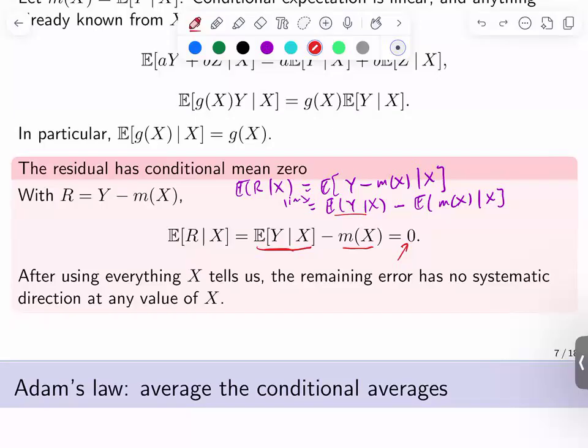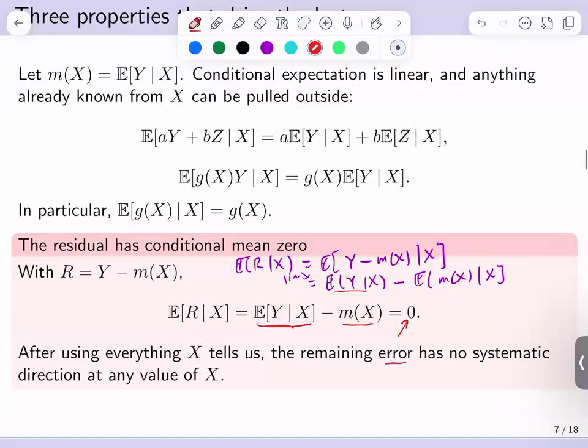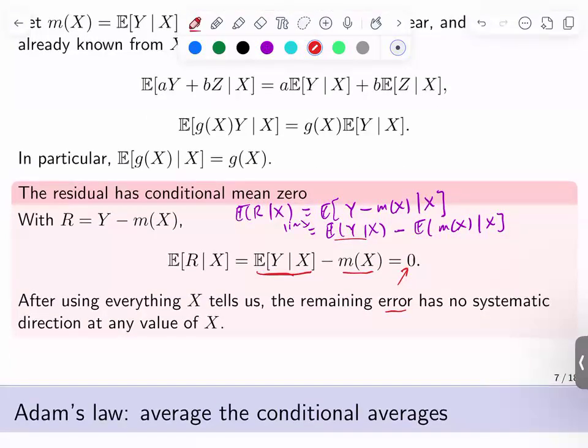Because of this property, there's nothing left to predict in the residual based on x. So after using everything x tells us, the remaining error has no systematic direction at any value of x. So there's no way to predict this using x. So this follows from the properties. I'll talk about prediction hopefully shortly. But this is the basic idea, and it follows from the two properties that we mentioned.